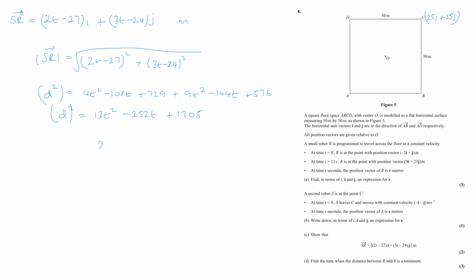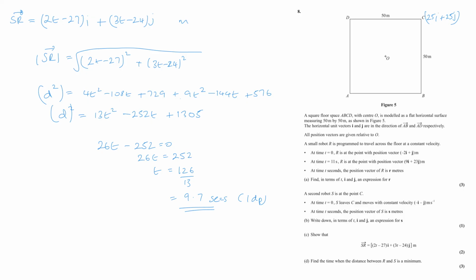So that's 26t minus 252 equals 0. 26t equals 252. t equals 252 over 26, 126 over 13, or 9.7 seconds to one decimal place there.